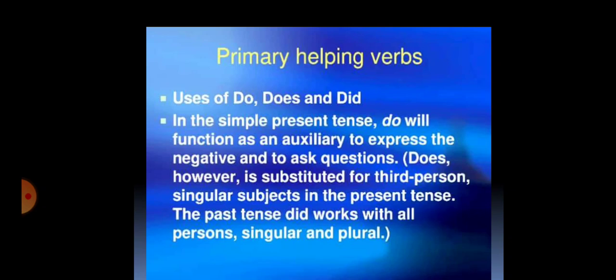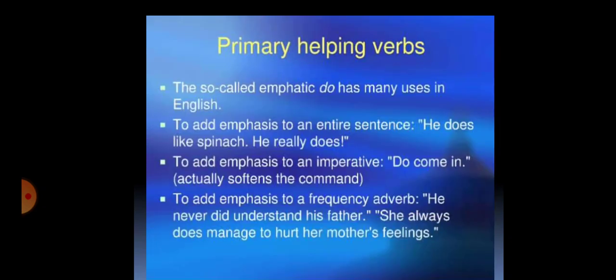Do will function as an auxiliary to express the negative and the interrogative, or to ask questions. Now this you all know, let me again repeat. Does is substituted for third person singular subjects in the present tense, and the past tense did works with all persons, singular or plural. Now the so-called emphatic do has many uses in English.